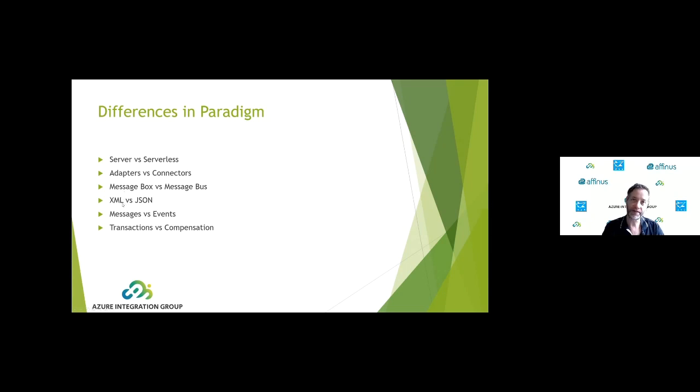So BizTalk. One of the big things about BizTalk, and if you've ever tried to install BizTalk in Azure in VMs, so infrastructure as a service, spinning up VMs, running BizTalk, for a long time there was no support for it because BizTalk relies on distributed transactions. And again, this is hidden from you.